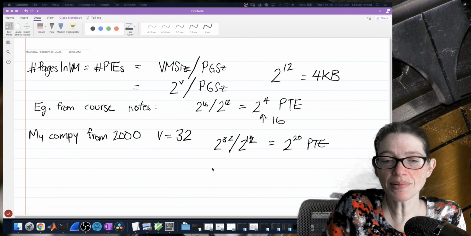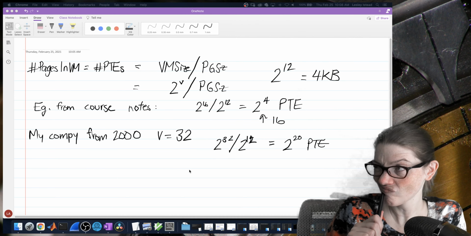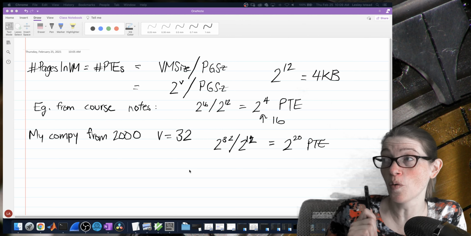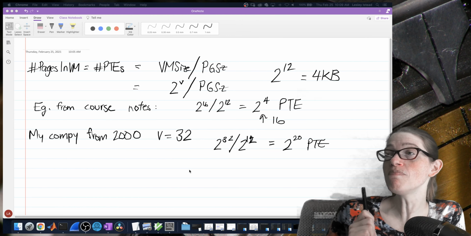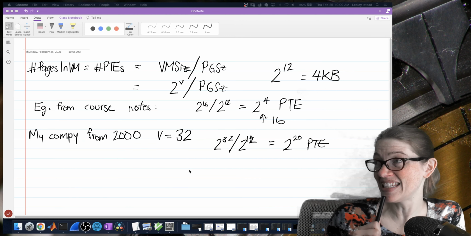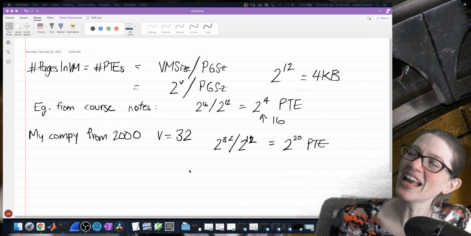But my computer from the year 2000 had 512 megs of RAM. And you're telling me every process's page table had over 1 million entries in it. Each of those entries takes up a certain amount of space, which means those page tables might have been a few megabytes each. And with only 512 megabytes of space available, I kind of don't like that.